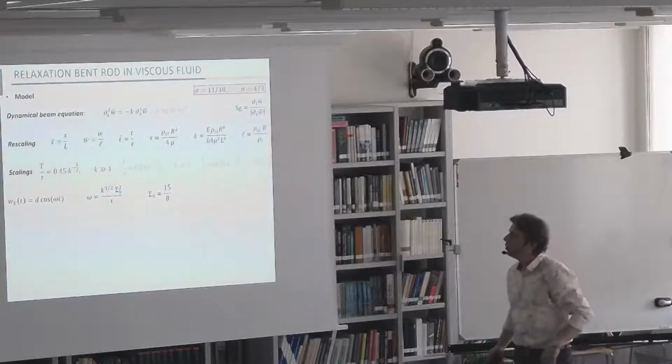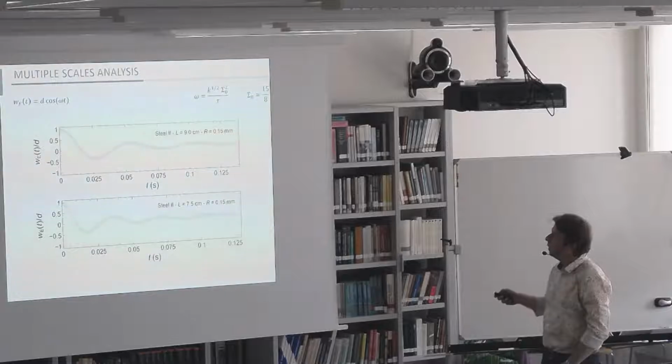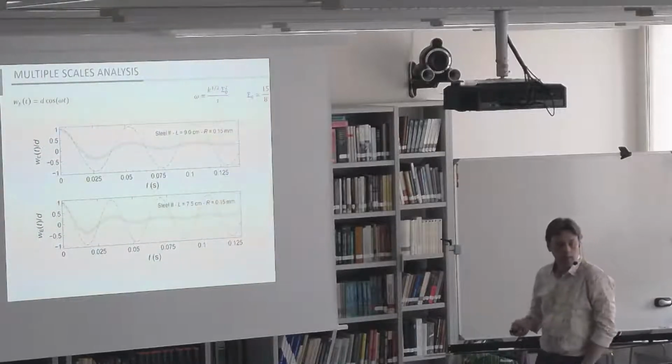And I will not enter into the detail. So if you don't take into account the viscous force, you have this expression. And these are the data for steel rod. Here it's in silicone, I believe, and here in glycerol, according to the color. If I don't take into account any damping, I get this and not it.